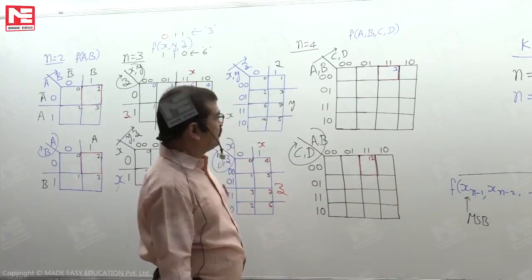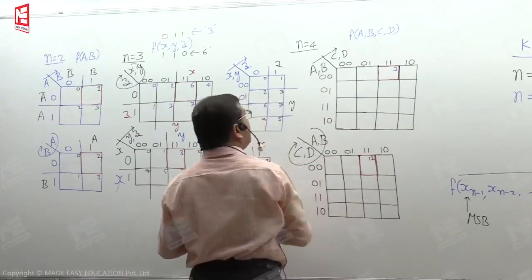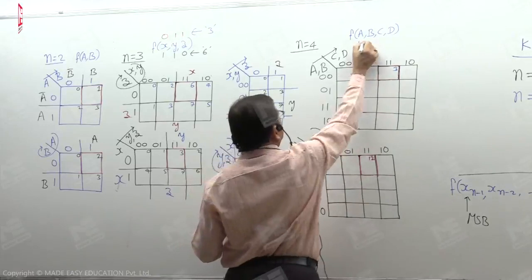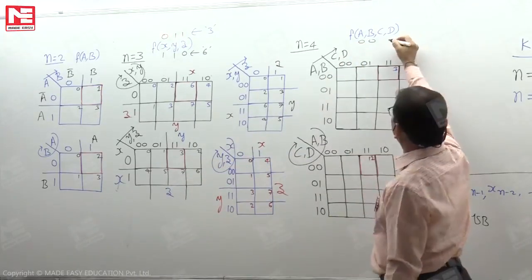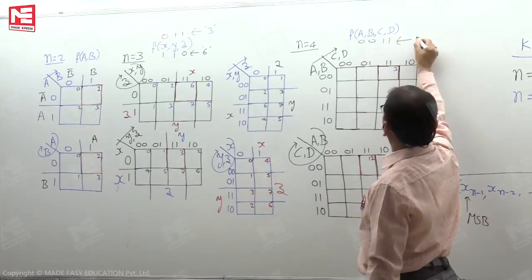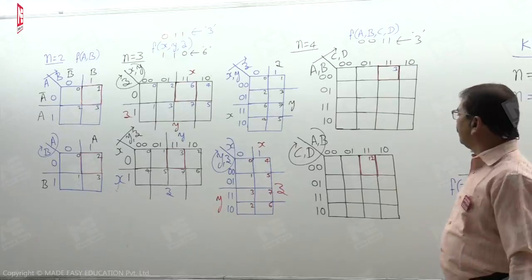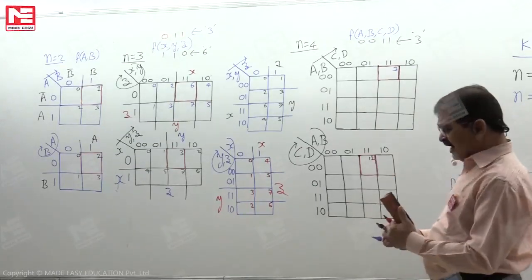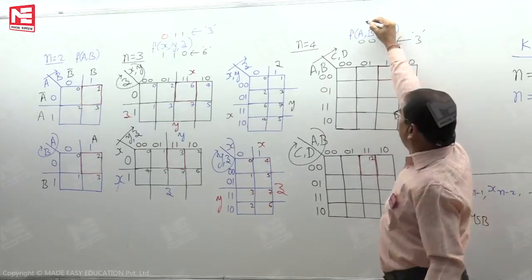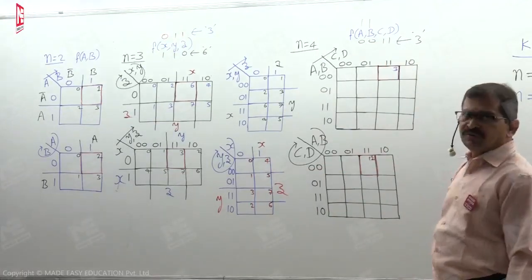So how are we writing this? For this case, we have AB value 0 0 for this row, and CD we have as 1 1, which gives a decimal value of 3. Coming to this, here AB we have as 1 1, and CD for this row 0 0.